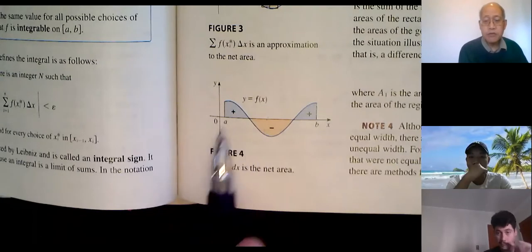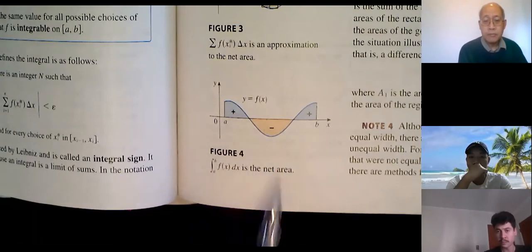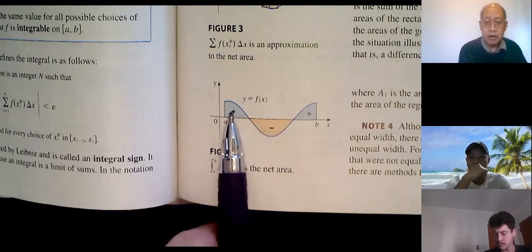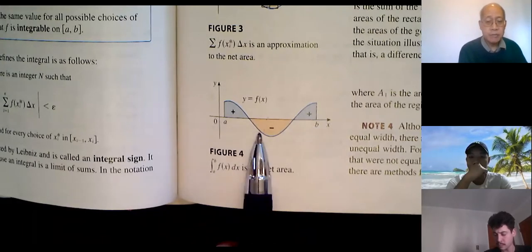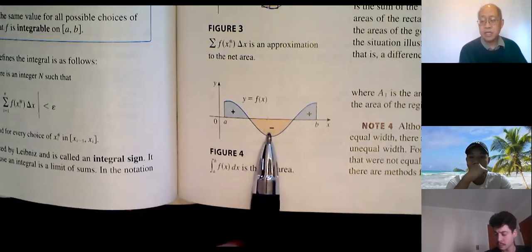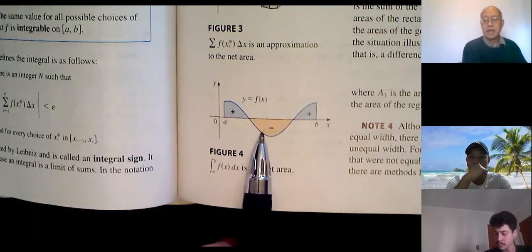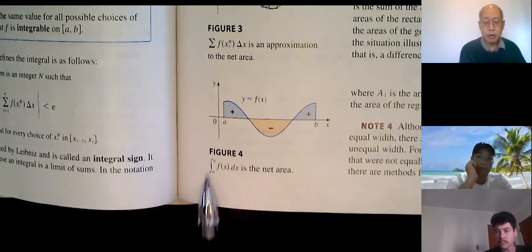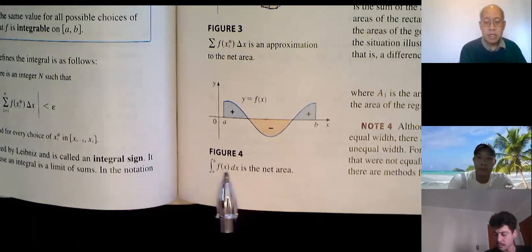Here, we're asking for the true value of the area bounded by the curve and the x-axis, where anything above is counted as positive, anything below is counted as a negative. At first sight, you might say, that's crazy. Why do we have two different meanings for apparently the same symbol, the same notation?